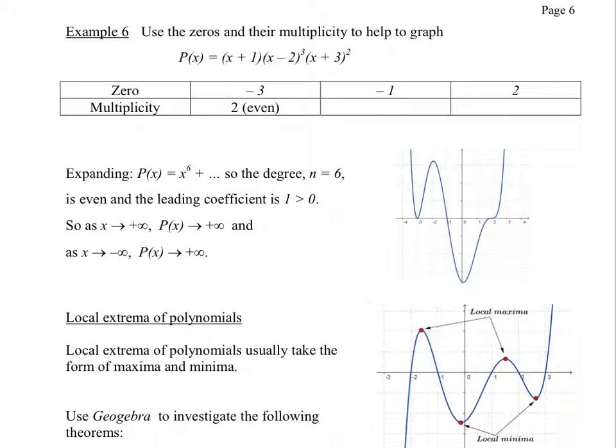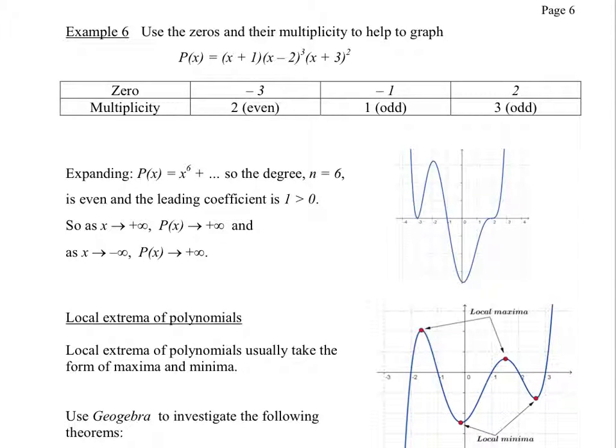The multiplicity of negative 1 is just 1. There's an invisible 1 up here, if you like, because x plus 1 is the same as x plus 1 to the power of 1. And this last one here is just going to be 3.